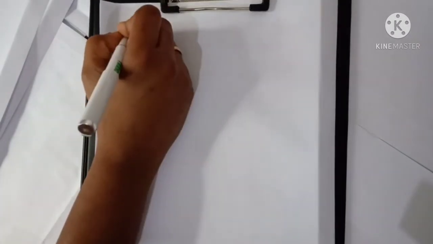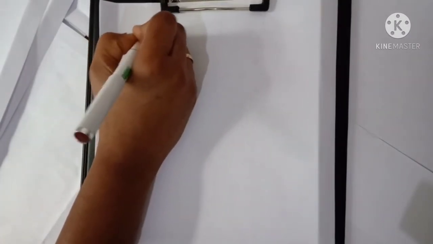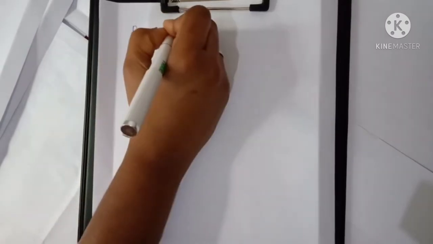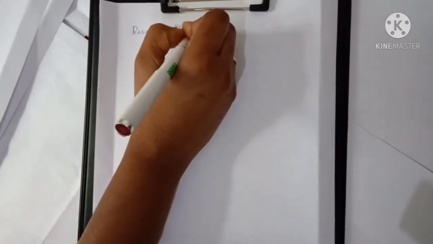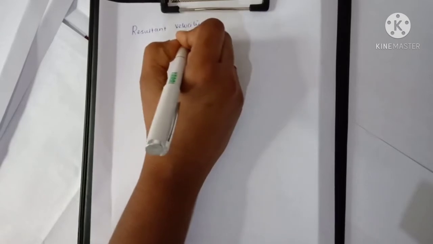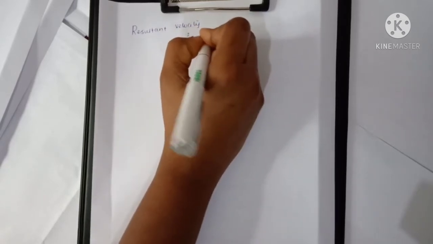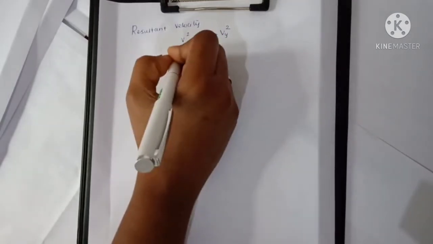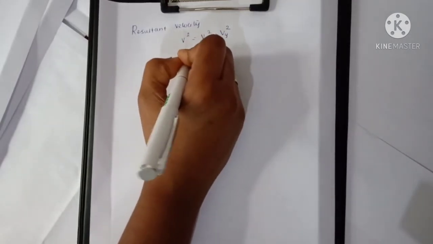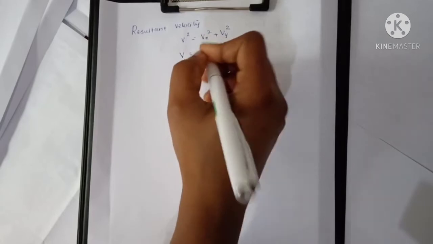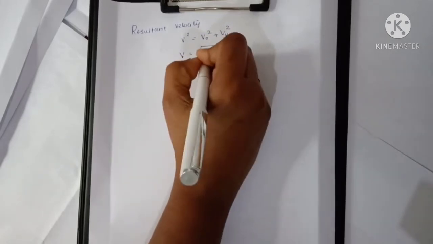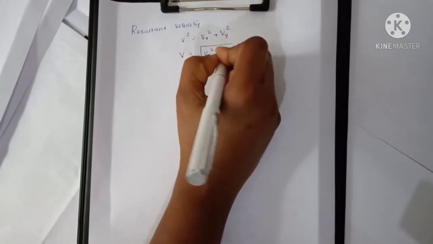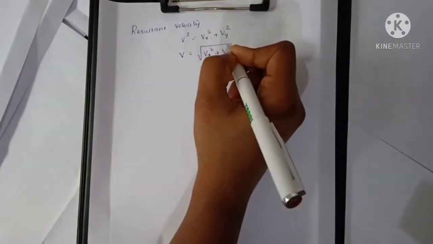So the resultant velocity is v square is equal to vx square plus vy square, that is v is equal to square root of vx square plus vy square, right?